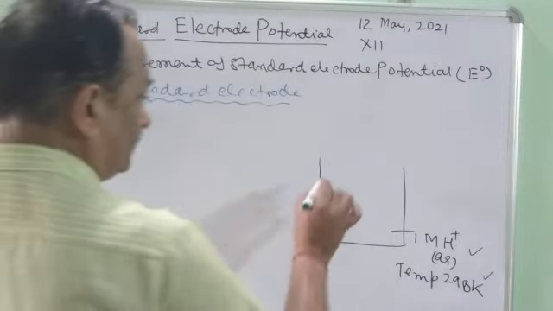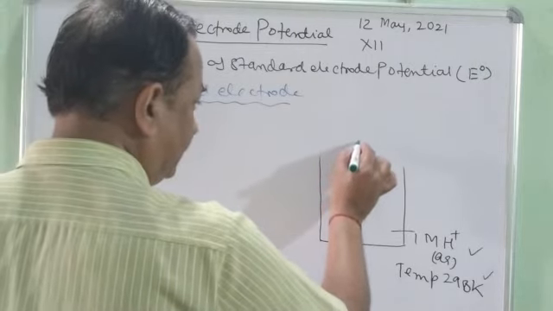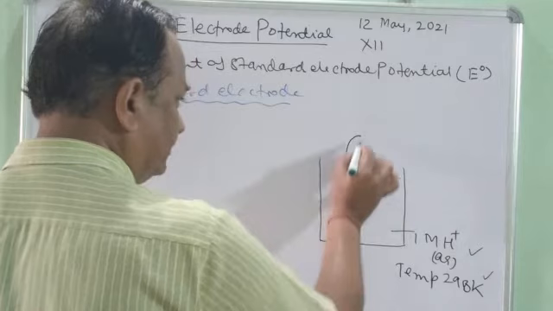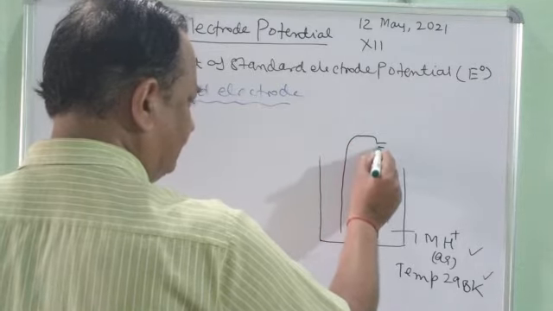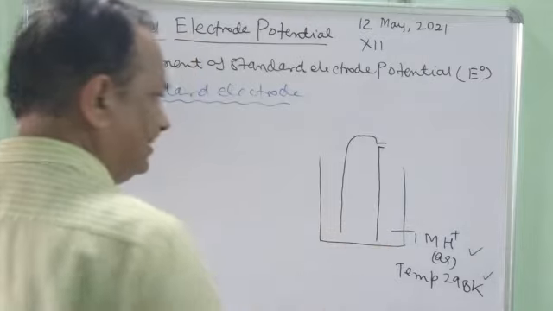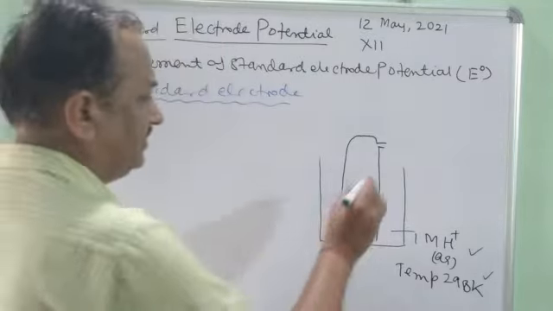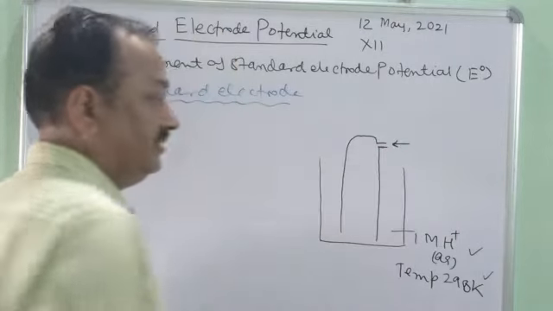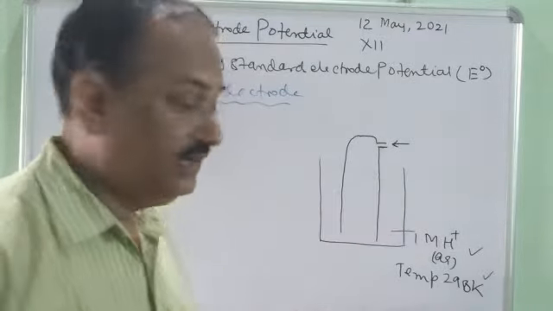Now see, here there is the beaker, and in the beaker there is a glass vessel. The glass vessel is a special type of tube, and there is a side tube, and there is an inlet for the gas.